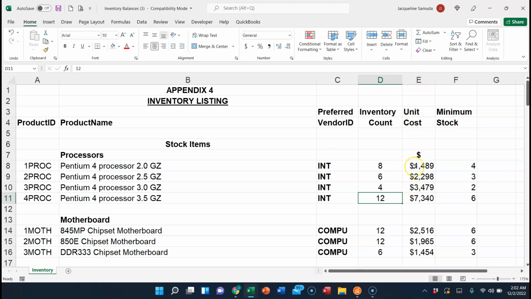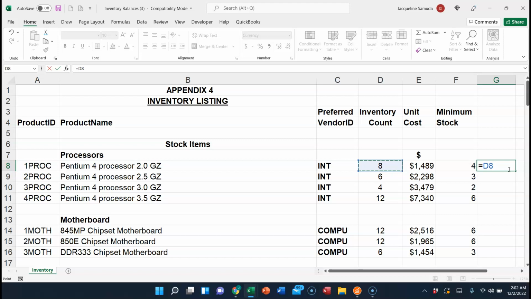Column E shows you what you paid for these items to get them into stock. Now, if you wanted to find the total amount of 1 proc, the cost total, you would take your inventory count and multiply it by your unit cost. So this tells me that the total inventory value for 1 proc in stores on the 1st January 2021 is $11,912.